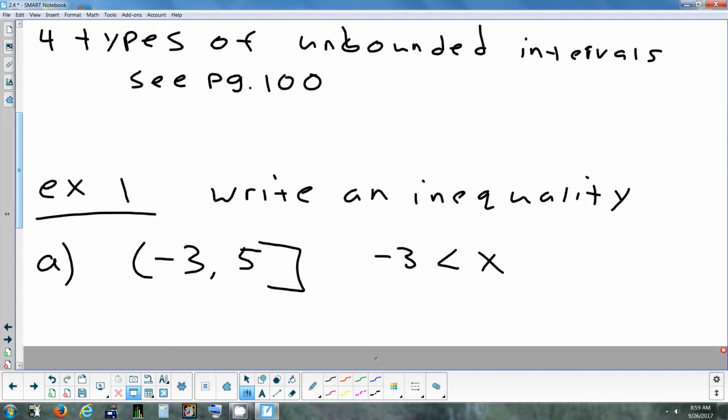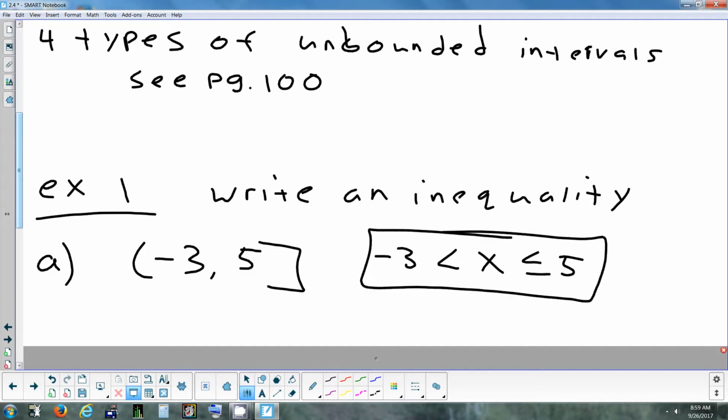Good start. And then x is less than or equal to 5. Perfect. -3 is less than x, which is less than or equal to 5. Any questions on that? You might have to convert from an inequality to interval notation, or what we just did, interval notation to an inequality.